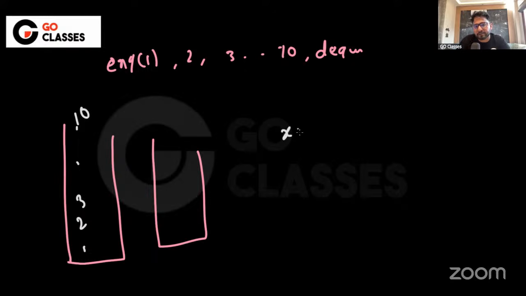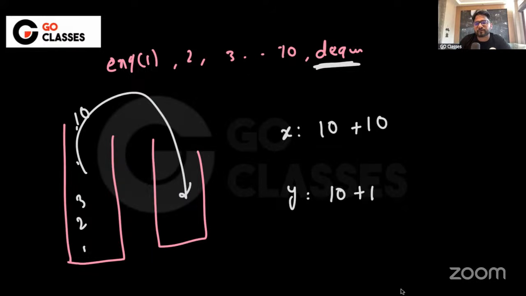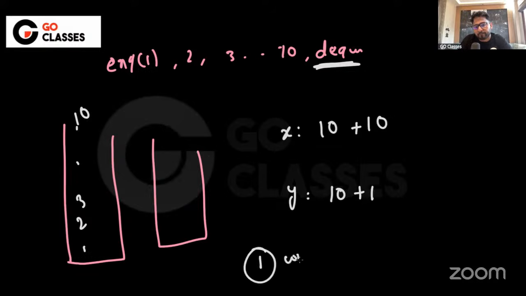So X is basically 10 already and Y is, now the moment you do DQ, there is 10 pop, 10 push, right? Then all the elements will be here and then one more pop, right? One more pop. And which element will get popped? Can you tell me? If you transfer all of elements from here to here and then pop it. So one will get popped, right?